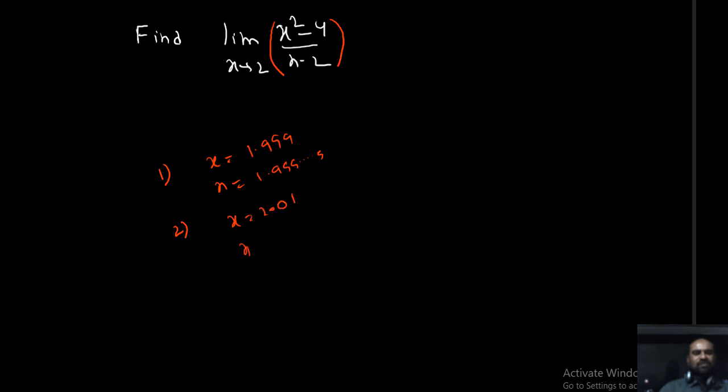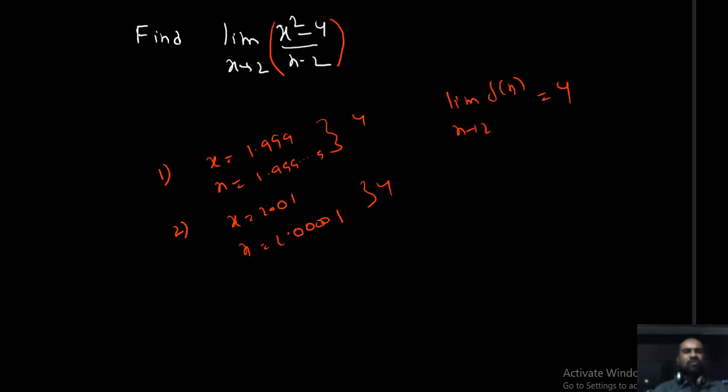Take another value of x equal to 2.000001. Then we can observe what happens to x square minus 4 by x minus 2. Practically, by using a calculator you can find it. So you can conclude that this value approaches 4, and this value also approaches 4. After that we can conclude that the limiting value of f of x where x is tending to 2 is 4.